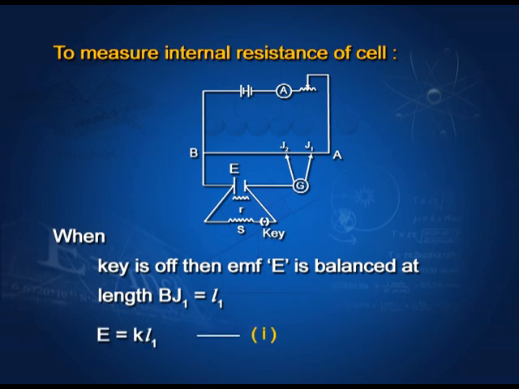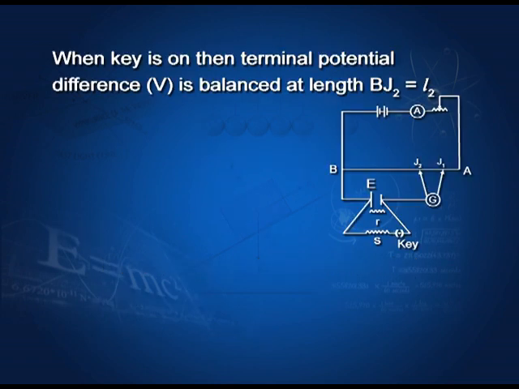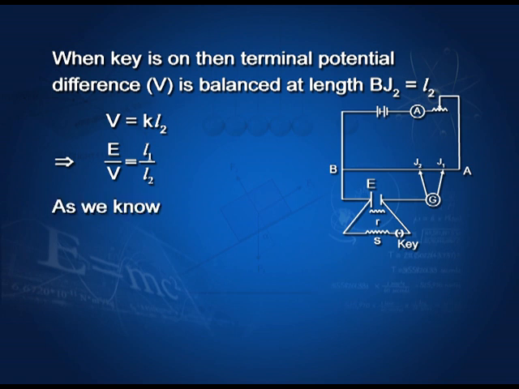So, E equals KL1. When the key is on, the terminal potential difference V is balanced at length BJ2 equals L2. So, V equals KL2. Dividing EMF by terminal potential difference, we get E upon V equals L1 upon L2. As we know, E minus V equals I into small r.